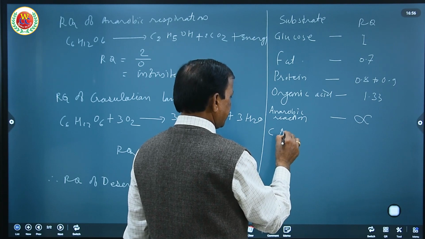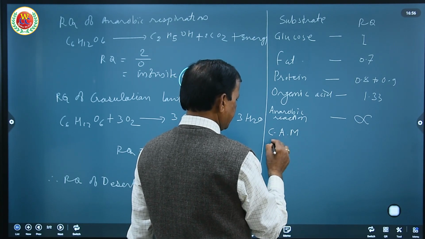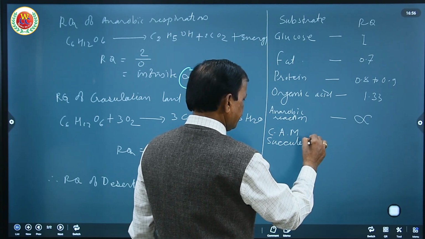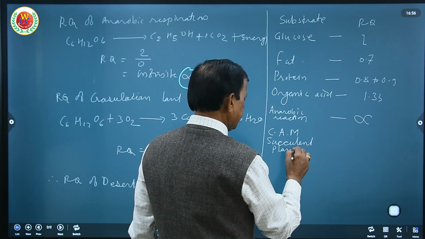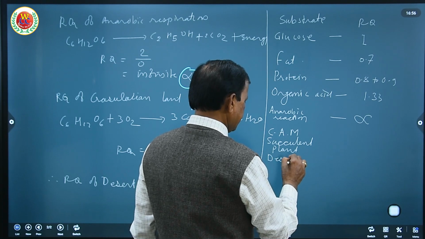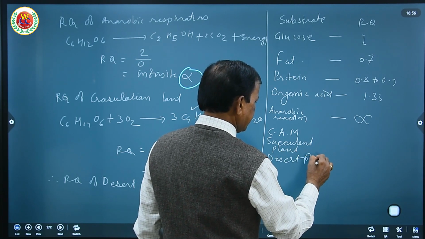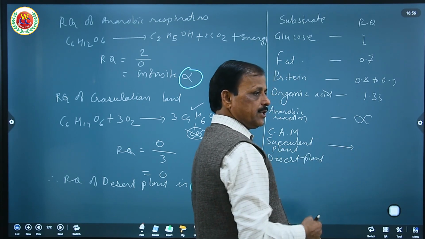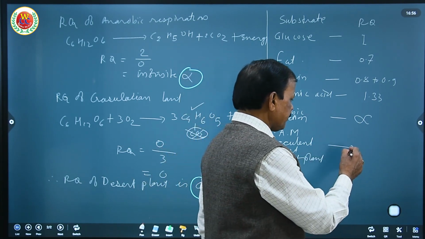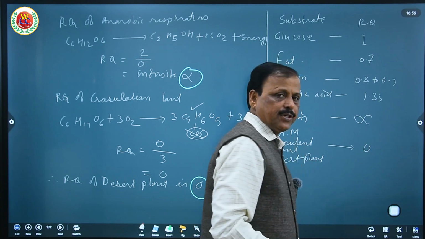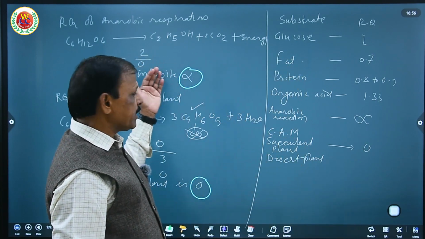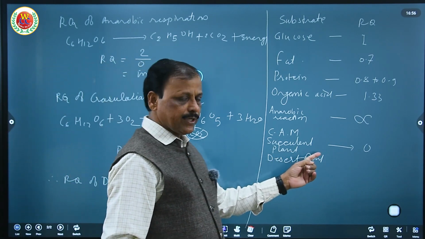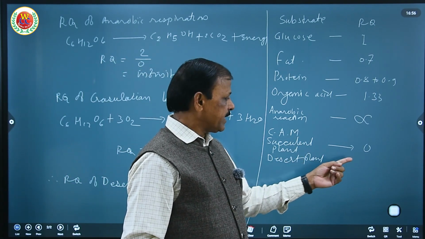And in crassulacean acid metabolism, that is succulent plants, which can be called desert plants, carbon dioxide is not released during daytime as stomata are closed, so only oxygen is used, therefore it becomes 0. Carbon dioxide 0 divided by the amount of oxygen used gives 0. So RQ of a desert plant is 0.